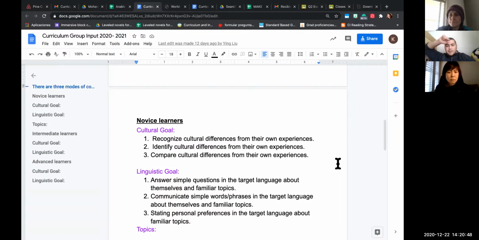Well, I think the third one sounds more accurate for the linguistic one. Oh, stating personal preferences in the target language about a familiar topic, because I would imagine someone would say, how do I say I love playing guitar, for example.